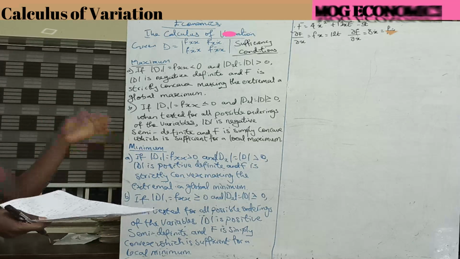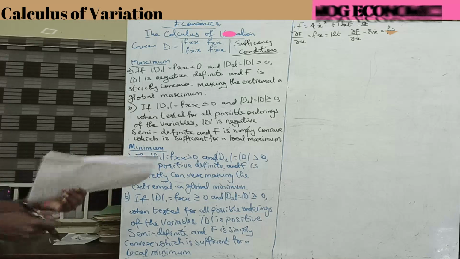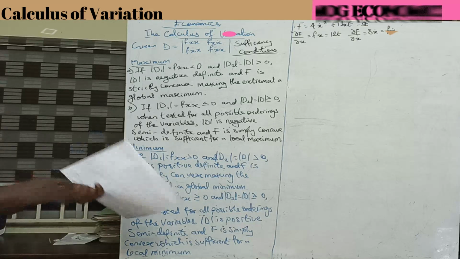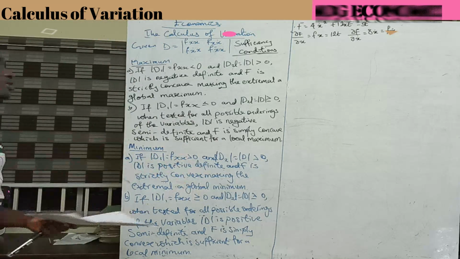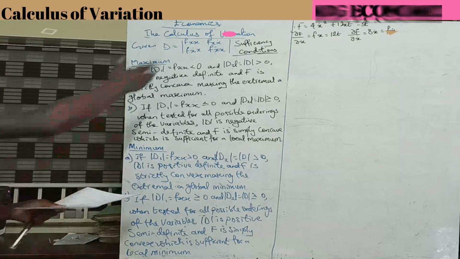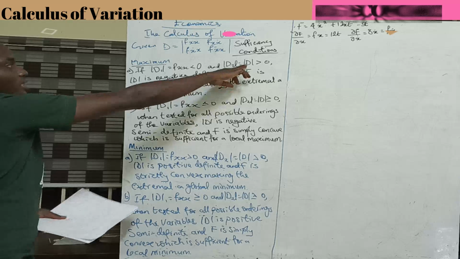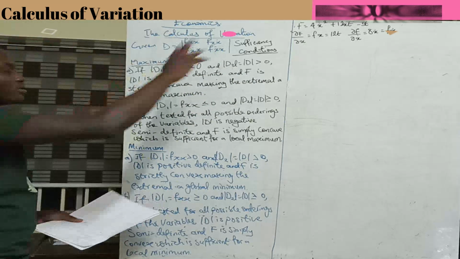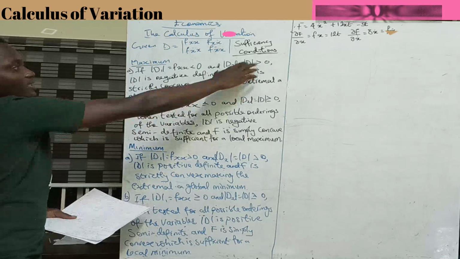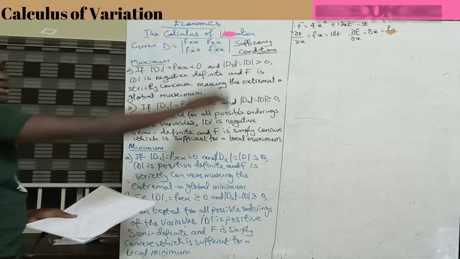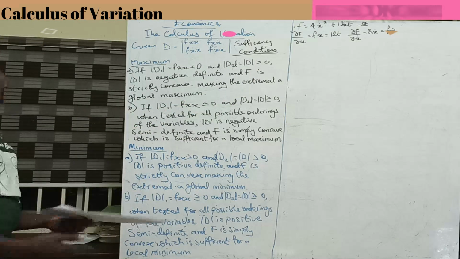So less than 0, and D2 is the determinant of the matrix, and D2 equals D, because for you to find D, as explained in the previous video, D means determinant of this matrix. You understand? And that's the same as D2.